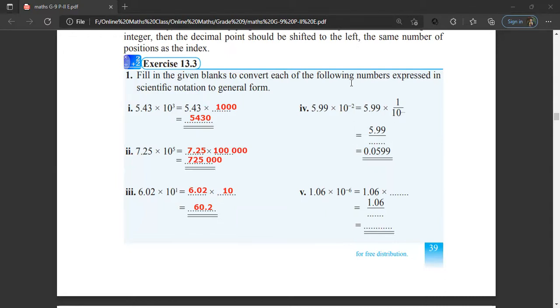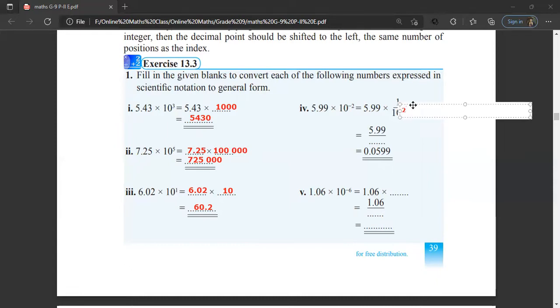Here 10 to the power minus 2 means we did on the previous day, no? Previous day, that decimal, the indices, right? We have discussed those things, right? So what could be the answer for that blank? 1 over 10 to the power 2. Minus 2 is there.